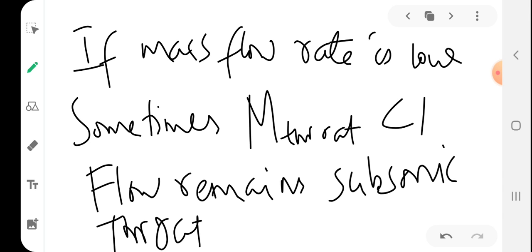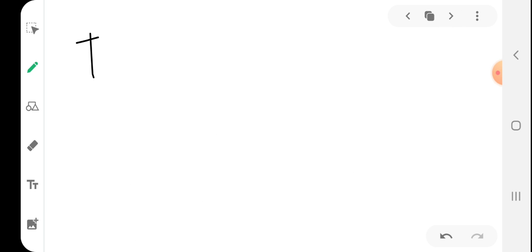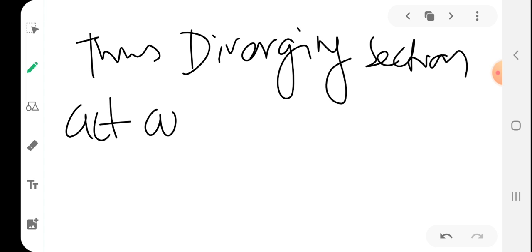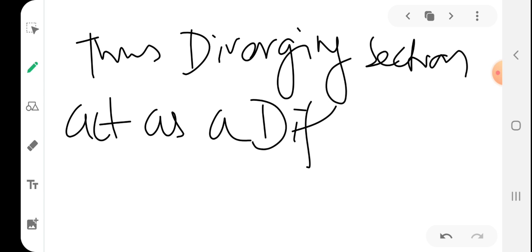So at the throat, the flow remains subsonic, which means the diverging section acts as a diffuser, right? Thus, the diverging section acts as a diffuser, and not as a nozzle.